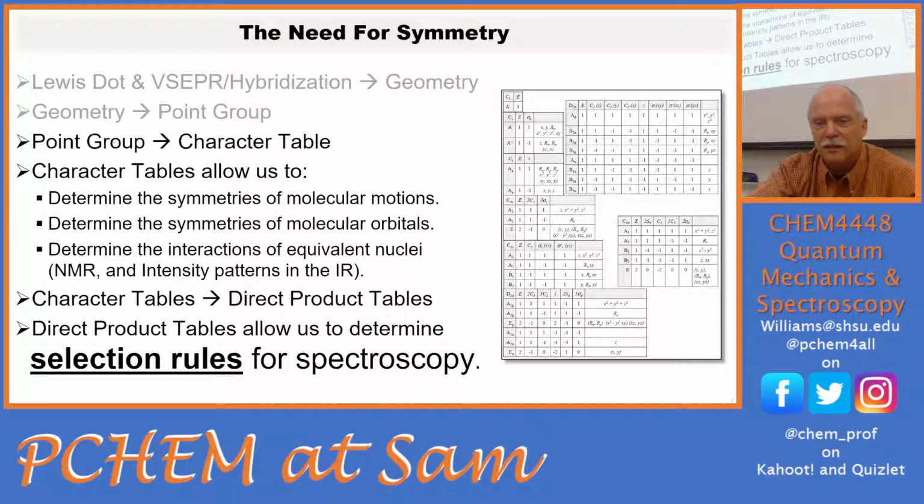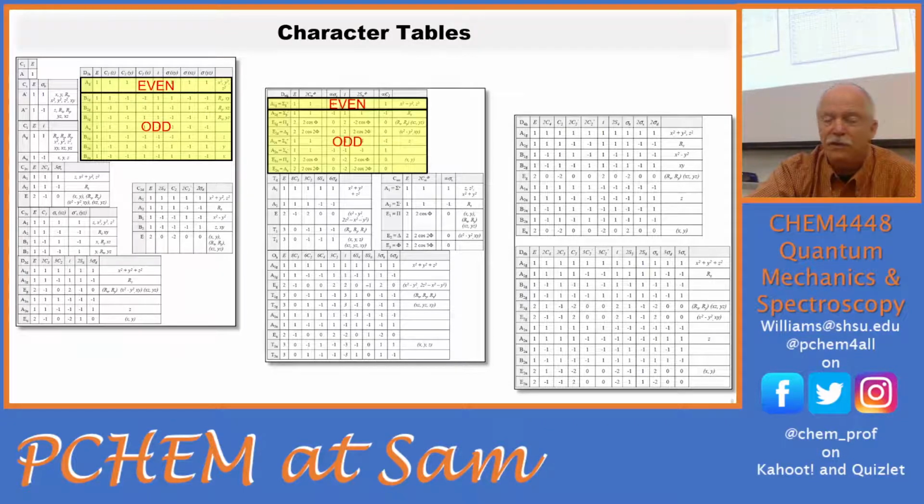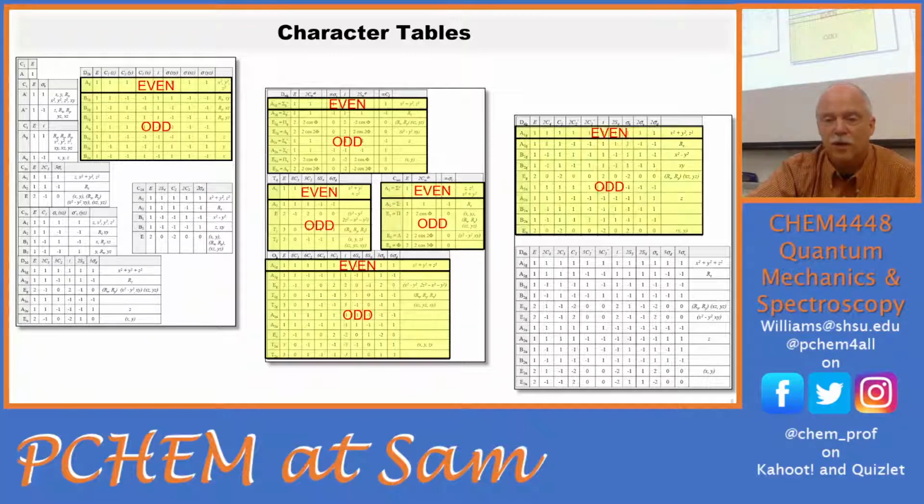So this is the character table that we're using, and here's some examples of the character tables that we have. So no matter what the character table is, that top row is even and all the other rows are odd. So after doing these direct products, if you get a result that is on any row other than the top row, then you end up with a 0 result, and you end up with a forbidden transition. So the top row is even, everything else is odd.